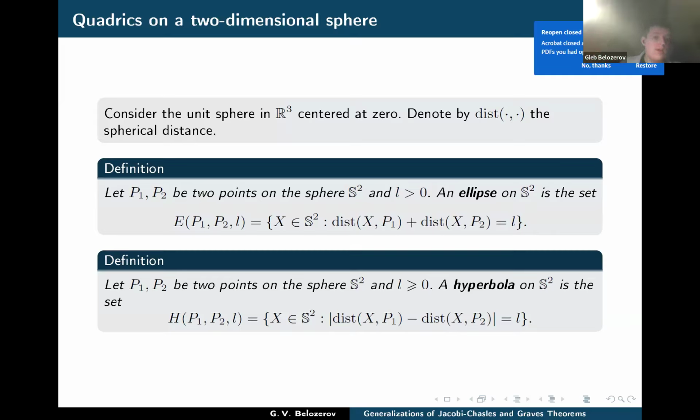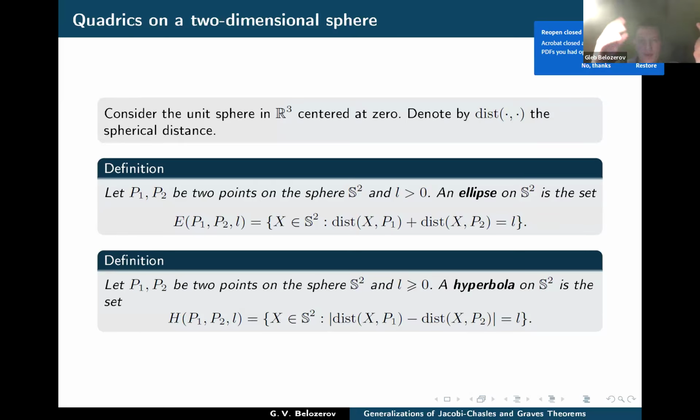Let's define a hyperbola. Let P1, P2 be two points on the two-dimensional sphere, and L is a non-negative number. A hyperbola on the sphere is a set of all points x on the sphere such that the modulus of the difference between the distances xP1 and xP2 is equal to L. Note that the distance between points x and p is equal to pi minus the distance between x and minus p.